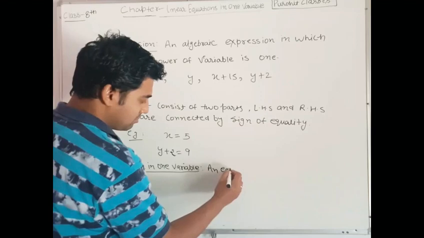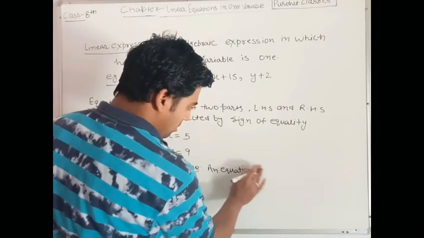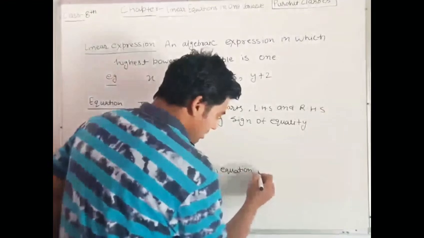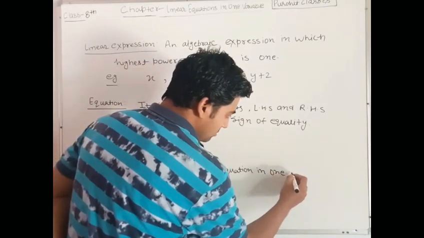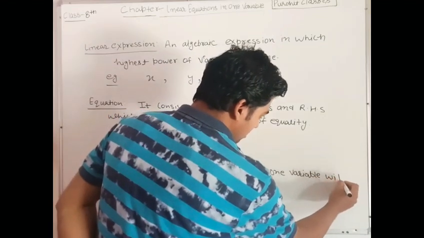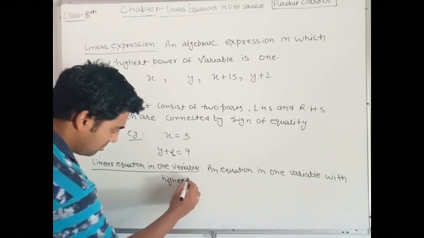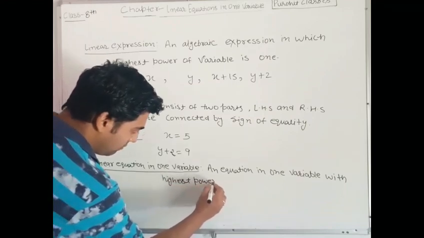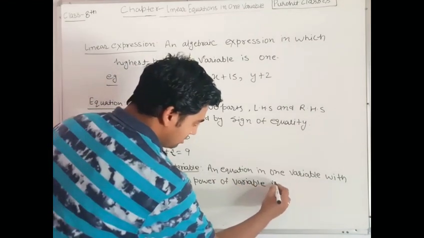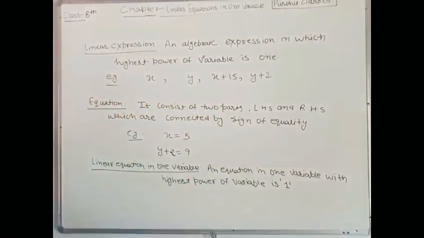An equation in one variable with highest power of variable is 1. This is called linear equation in one variable.